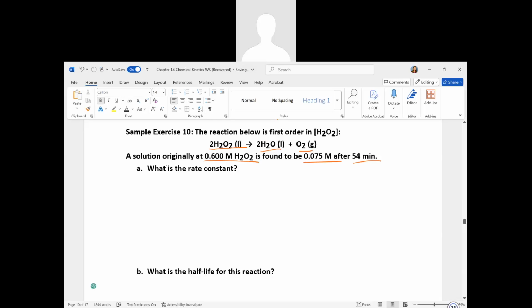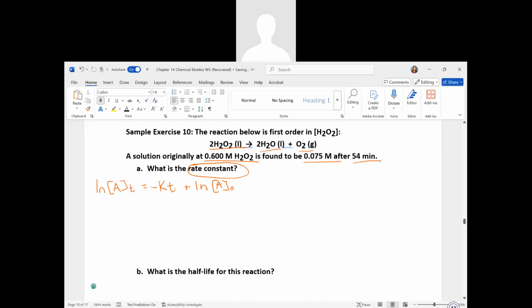So we're asked to calculate our rate constant. If you remember, the integrated rate law for a first order reaction takes this form here, where the natural log of our concentration at time t will be equal to the negative rate constant k times the time that has passed, plus the natural log of the initial concentration.